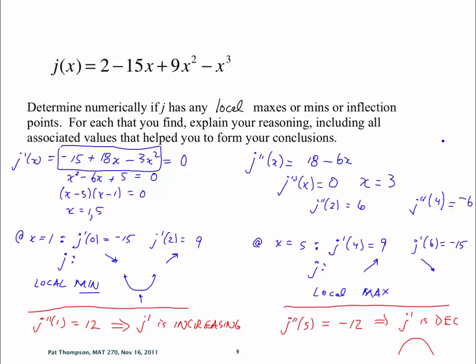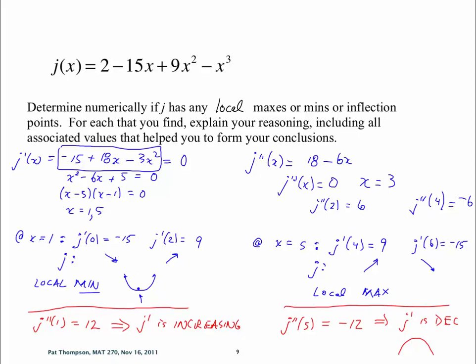Therefore, the rate of j is increasing. If a derivative is 0, then its function pauses. So the rate pauses. And if a derivative is negative, its function decreases. So the rate decreases. So we got increasing rate, pause of the rate, decreasing rate. And that's an inflection point.